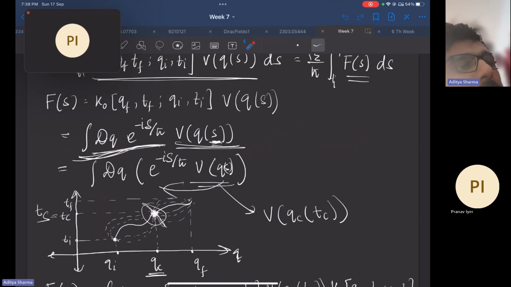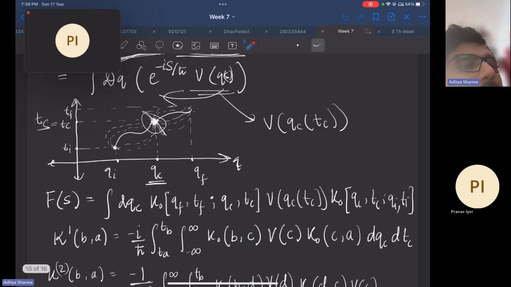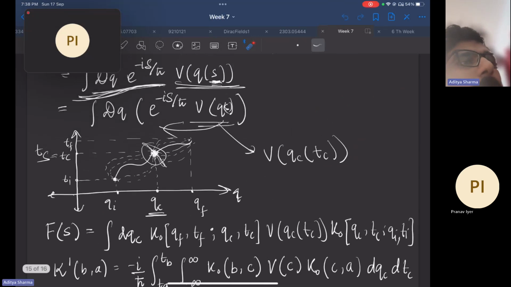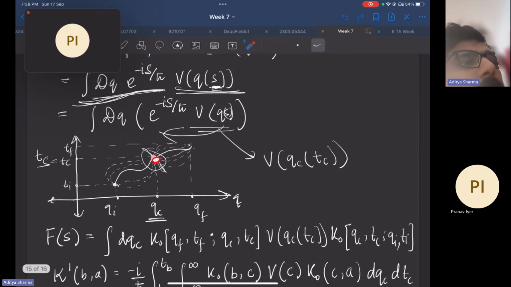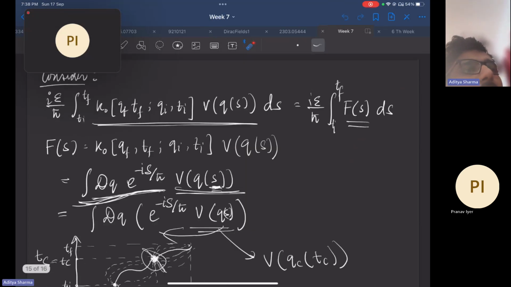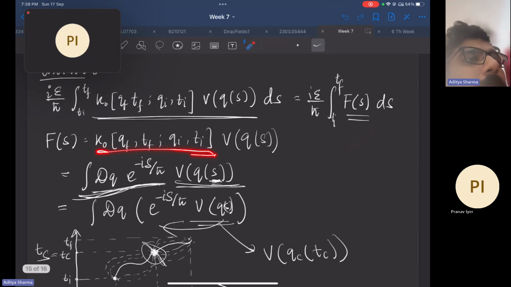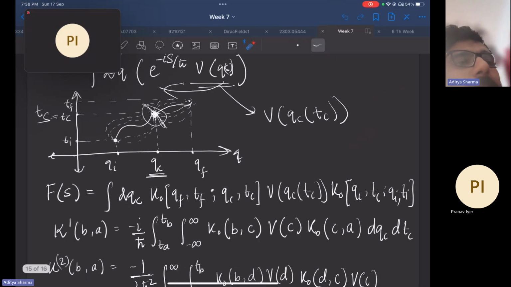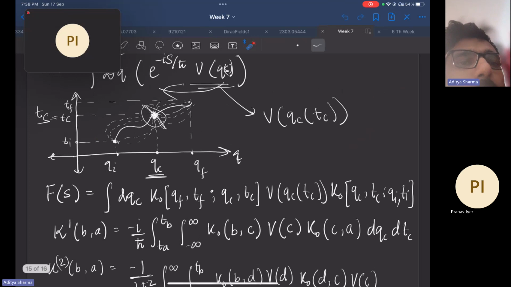Below this time, there is no potential. It's only at that time that there is this potential in that path. That is why I can take this V inside. I can consider this q to be an internal point. If I think like that, when I break the path integral, when I break the kernel into two parts, I can put it for that qc.